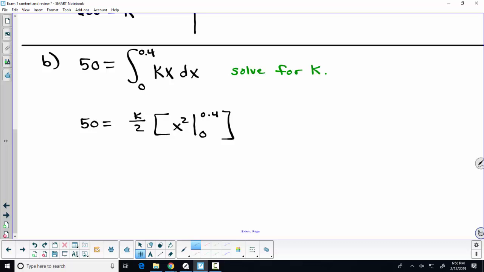The integral with respect to x squared over 2, we pulled out the 2. So what do we have? K over 2 times we have 4 over 10, 16 over 1,000.